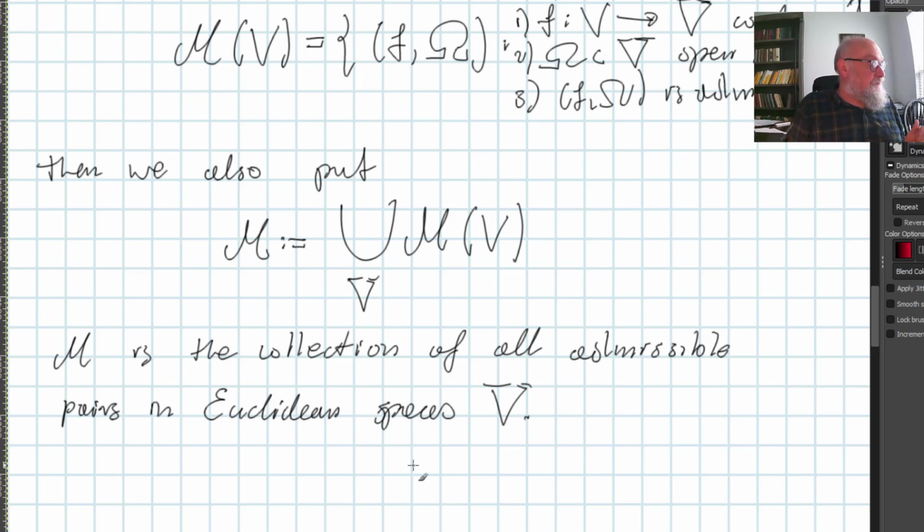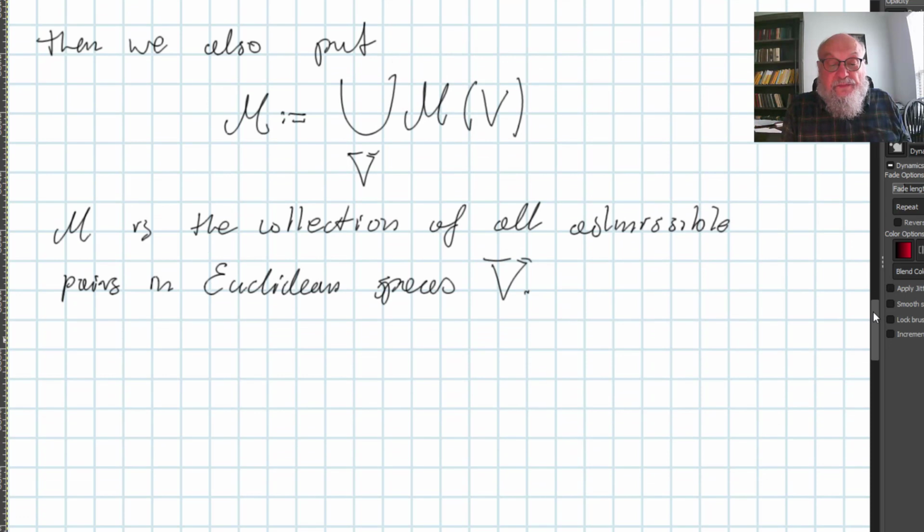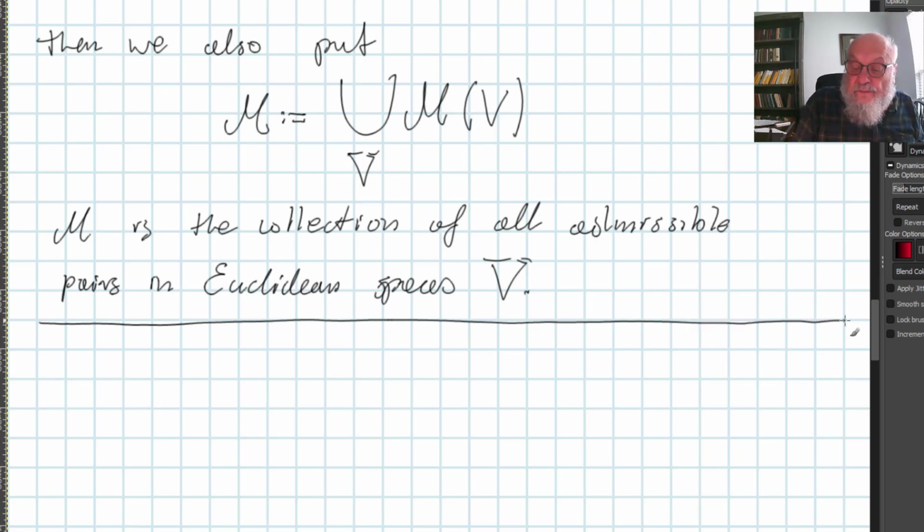That's exactly the notation that we need, and now we will introduce the Brouwer local degree by an axiomatic definition. So let us introduce it.